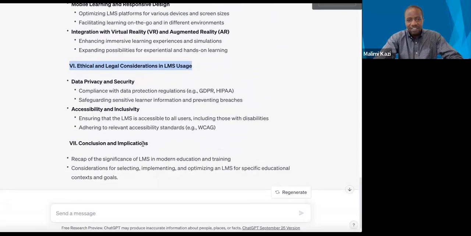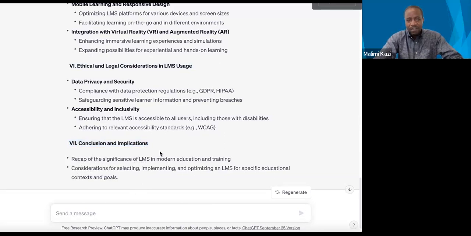And it ended with providing things which you can include for a conclusion, which will include a recap of the significance of learning management system, and also the key considerations for selecting and implementing learning management systems.